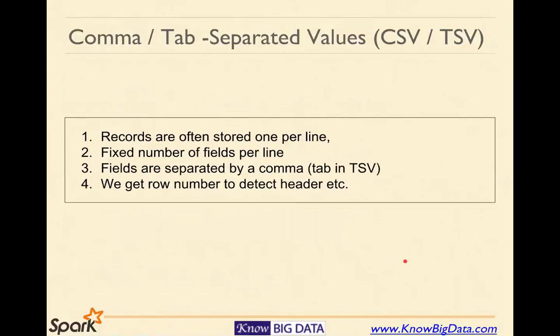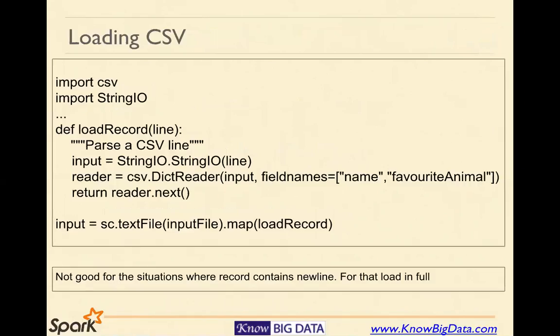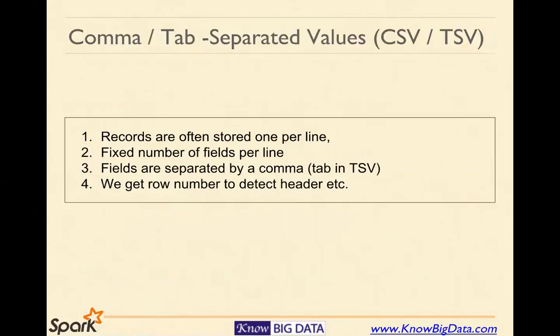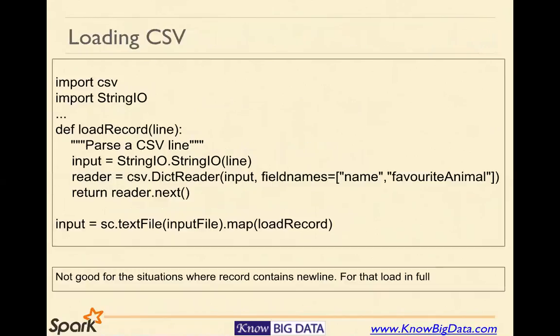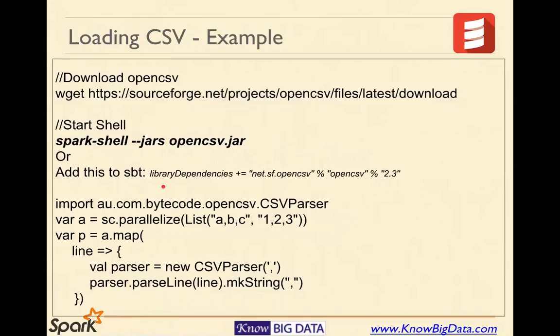All right. So reading CSV or TSV is very straightforward. Read it as a text file and then do the map and translate every line into an array of values by splitting it or using one of the CSV readers. You can see that we are reading CSV files using this jar.